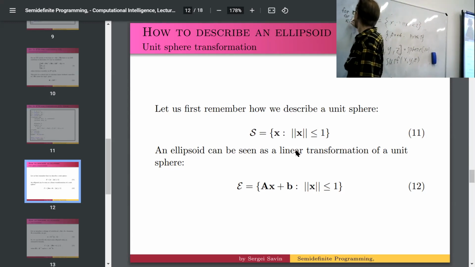Let me write r equal to A times x_ij, y_ij, z_ij, plus b.